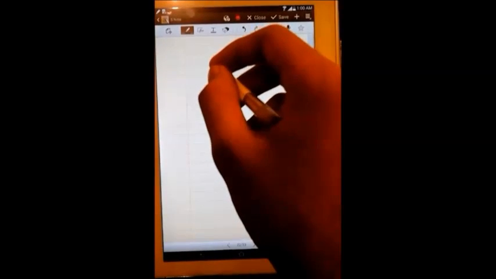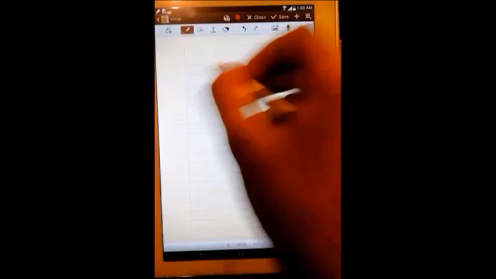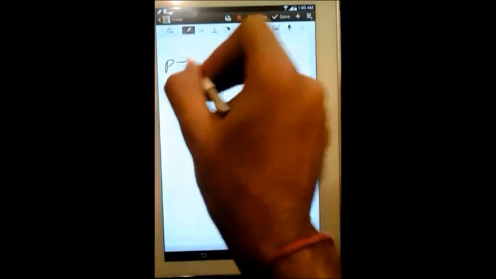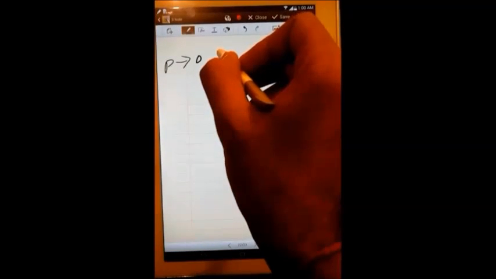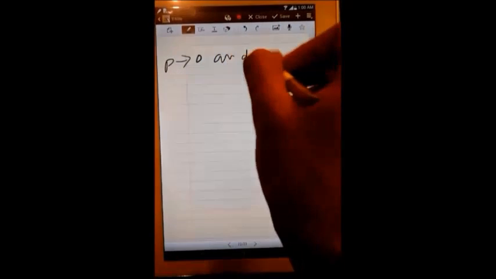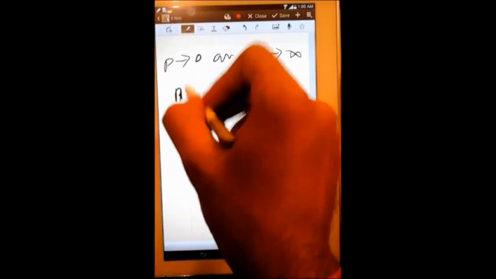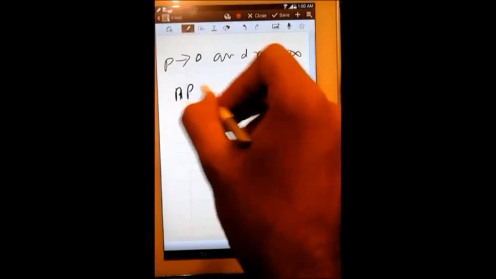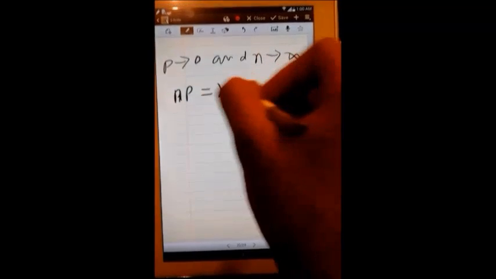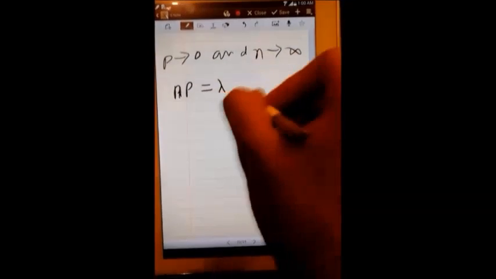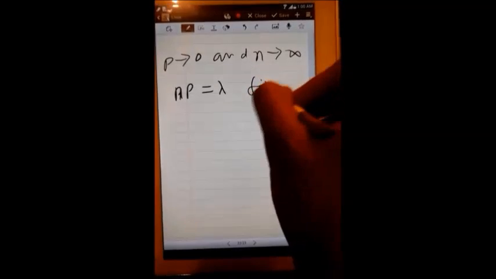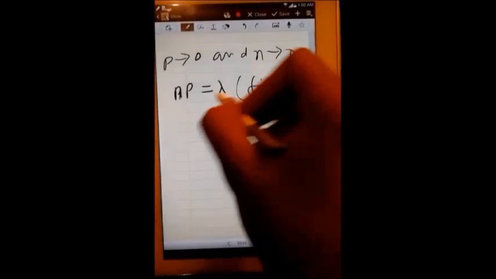For that comes the Poisson's approximation, where if p tends to 0 and n tends to infinity, then np is equal to lambda, some definite or fixed number.